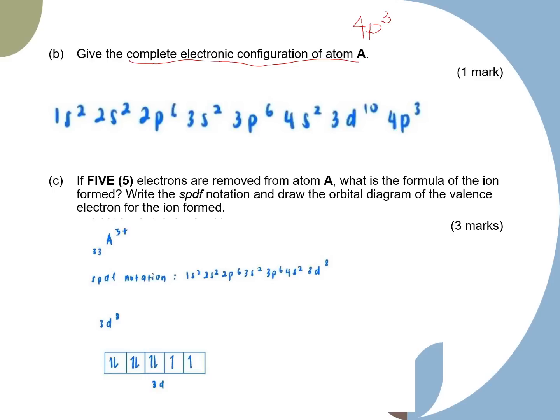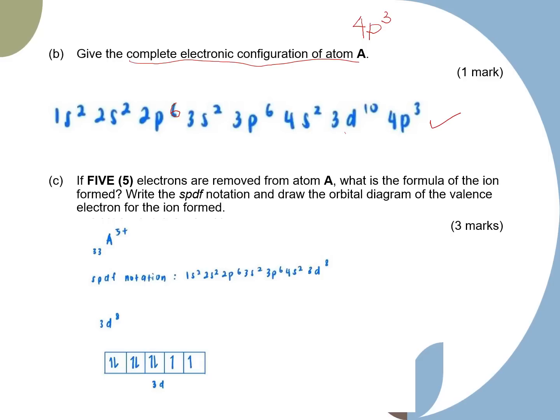So to get the electronic configuration of atom E, we complete all the electrons before we reach 4p3. It means before 4p3 we have 3d10, 4s2, 3p6, 3s2, 2p6, 2s2, 1s2. So this is the correct answer for the complete electronic configuration of atom A.